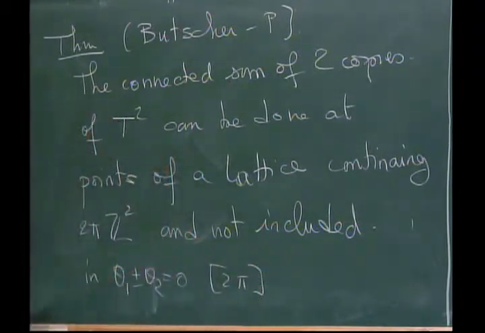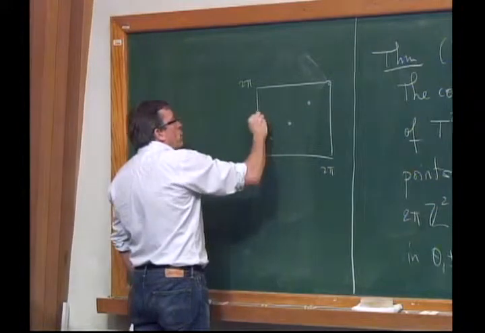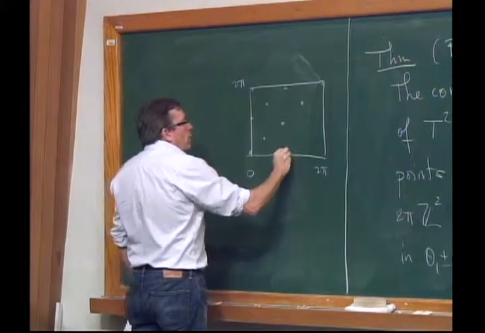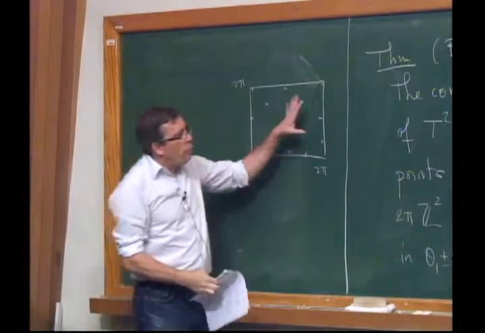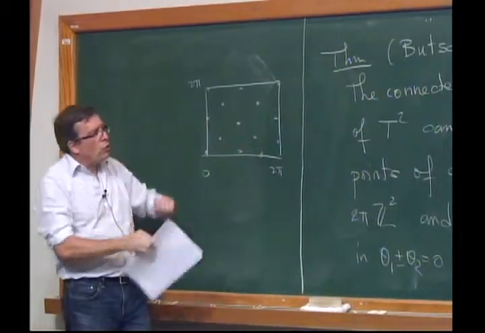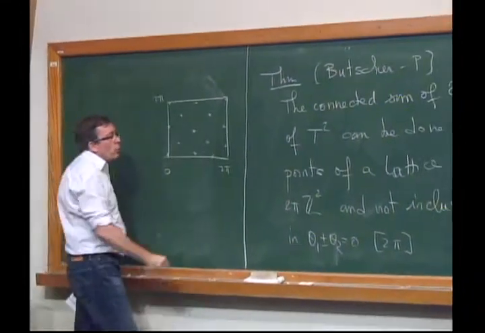So roughly speaking, what it tells you is that if you picture the torus like this, 0 to pi, and if you take a lattice with enough points, then you can perform exactly the doubling construction, doing connected sum at exactly those points.